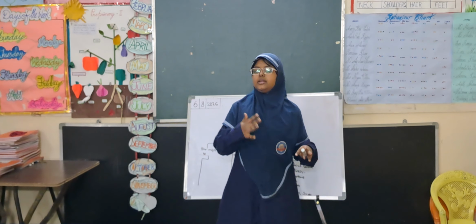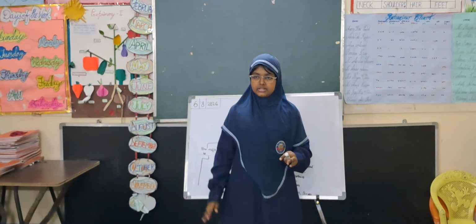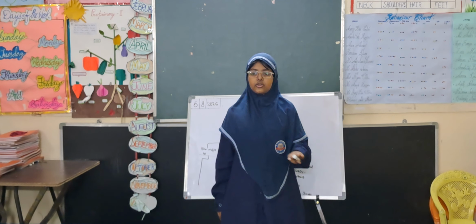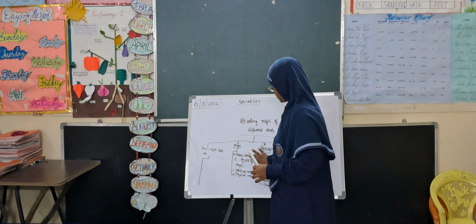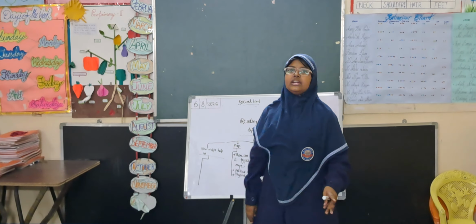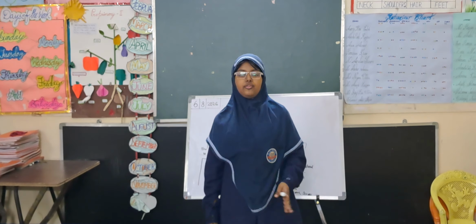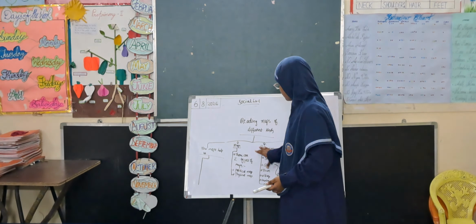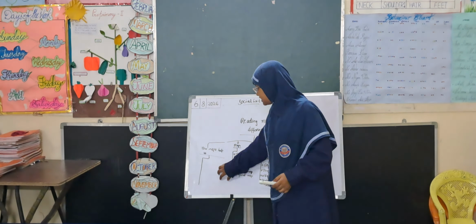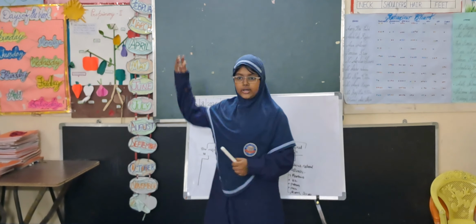If we have decided on a place and we don't know its direction or exact location, we use Google Maps and it helps us by showing the direction. It says where to go left, where to go right, or where to go straight. So maps help us in different ways, like showing directions.